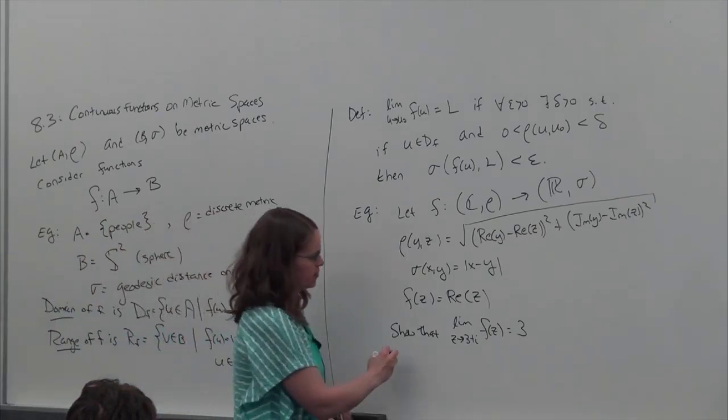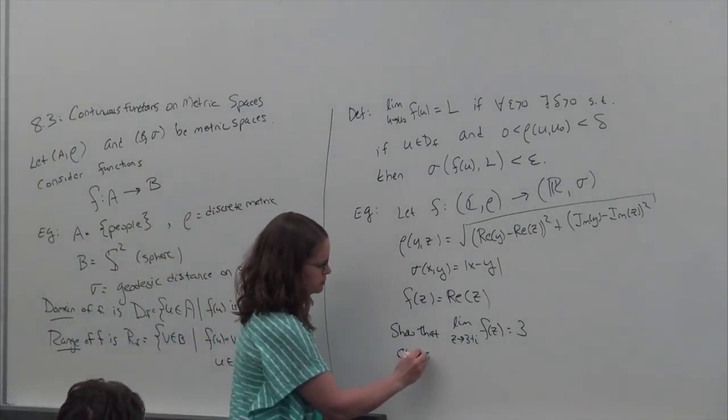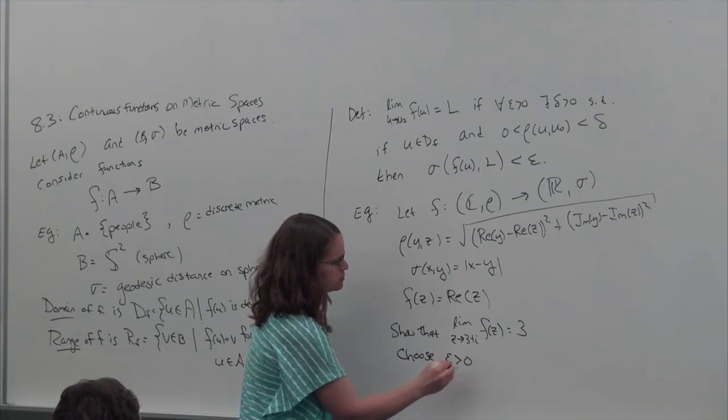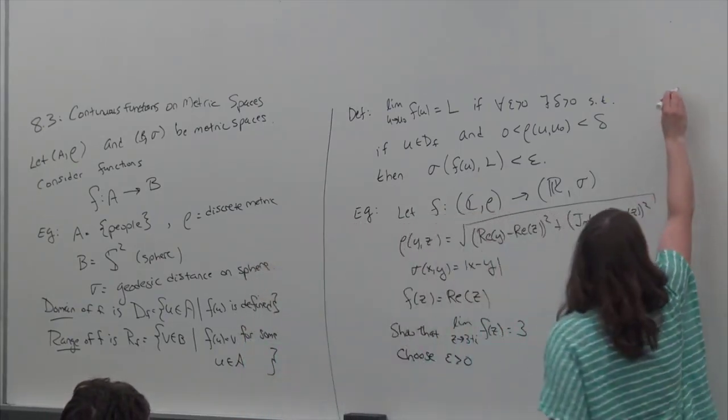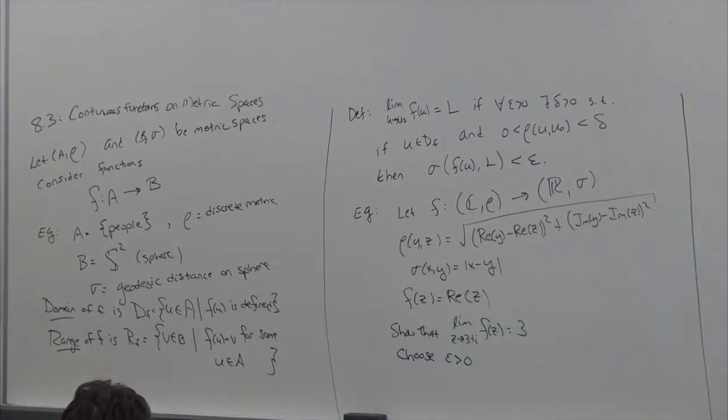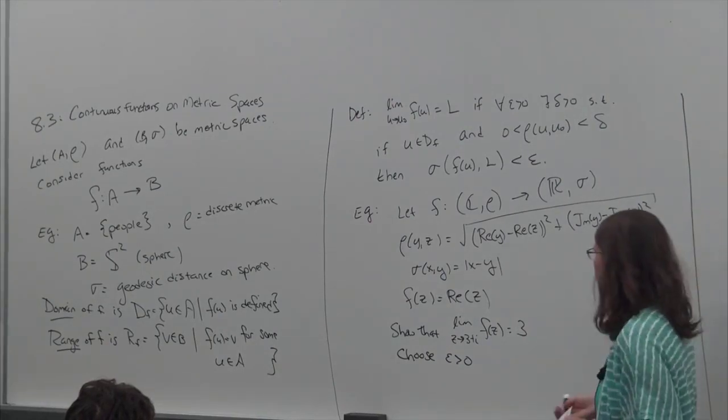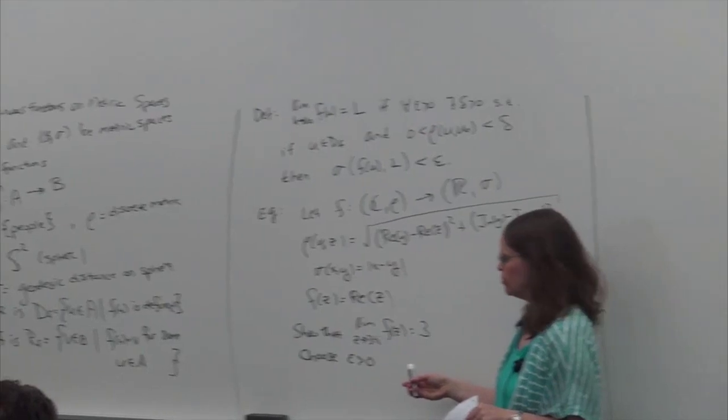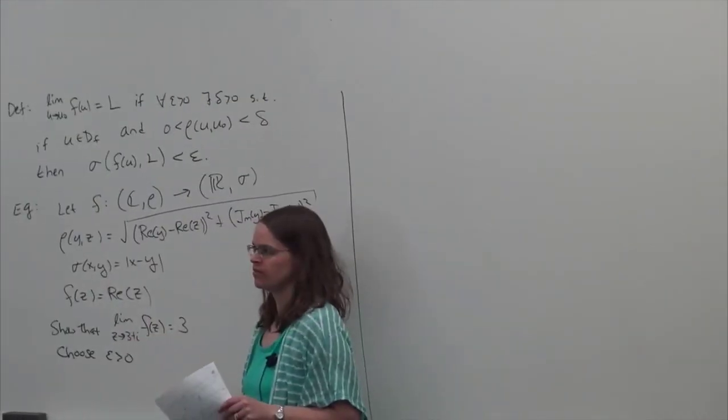So what do we do? We pick an epsilon. Now we need to look at all complex numbers that are close to 3 plus i.